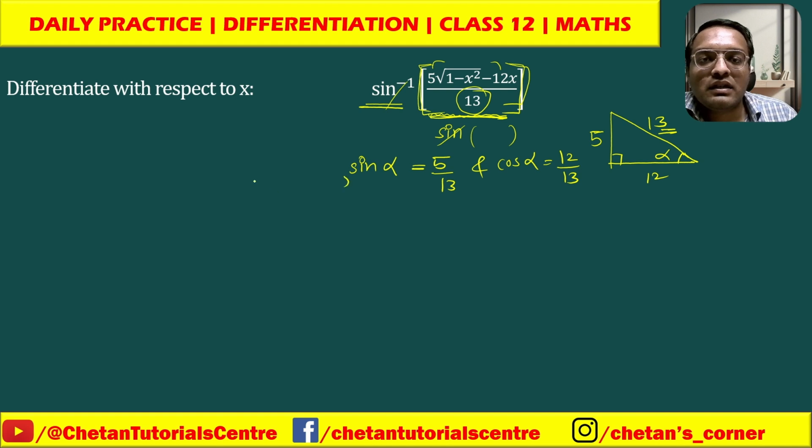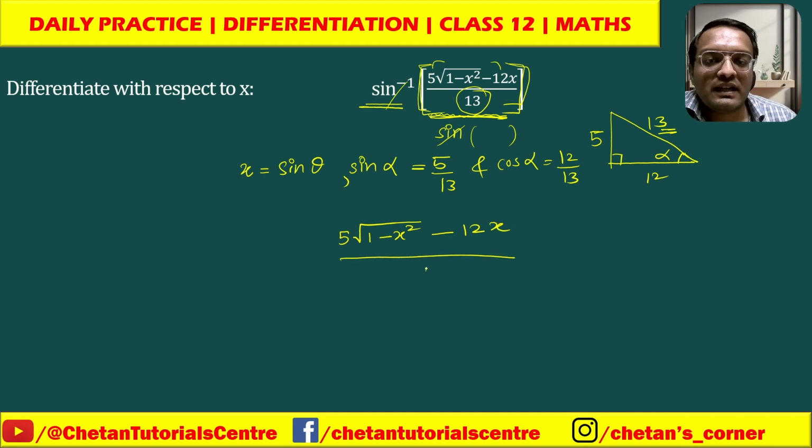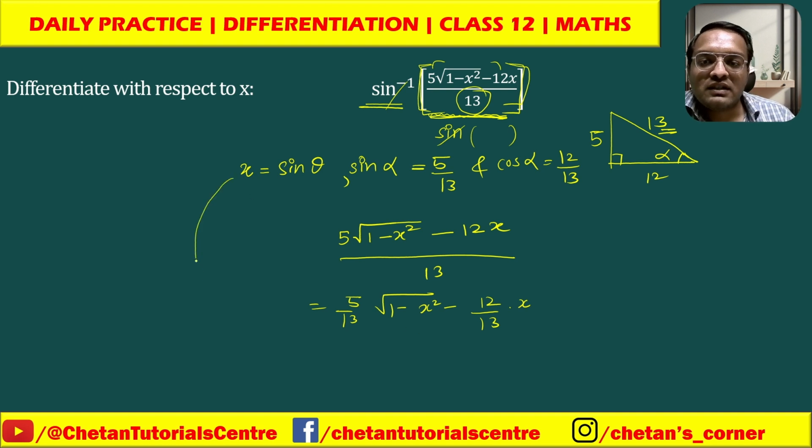and if we put x is equal to sin theta, then what we will get? See, 5 under root of 1 minus x square minus 12x divided by 13. Then after splitting, what will I get? 5 upon 13 under root of 1 minus x square minus 12 upon 13 into x. Now I will put x is equal to sin theta, sin alpha is equal to 5 upon 13, and cos alpha is equal to 12 upon 13 in this, and then what will I get?